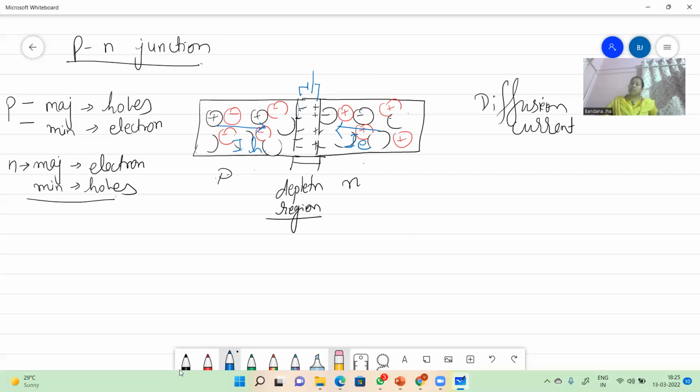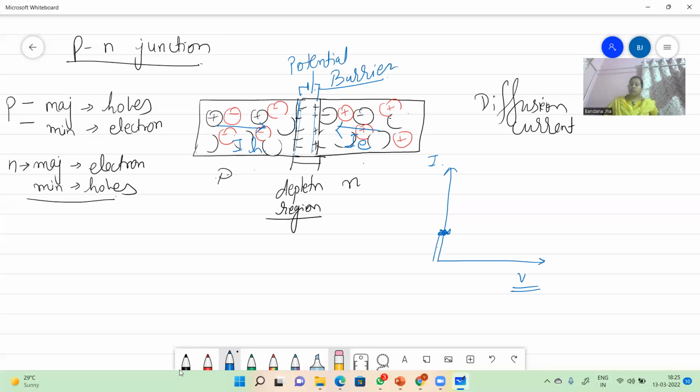Because of that, here are all holes and here are all electrons, making a potential difference. Since all electrons are on this side, it is the negative terminal, and all holes on that side make the positive terminal. This potential difference is known as what? Potential barrier. So for a certain period of time, if this is my V and this is my I, the current flows even when we have not applied any external battery or voltage.